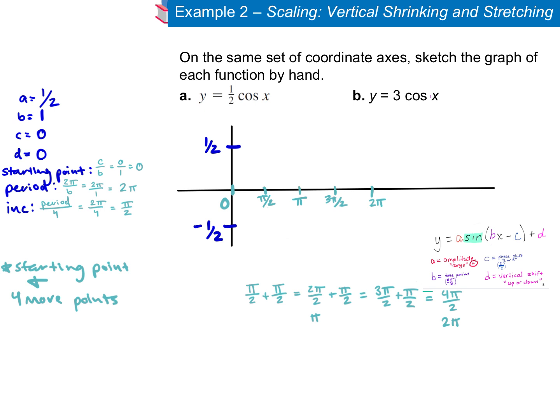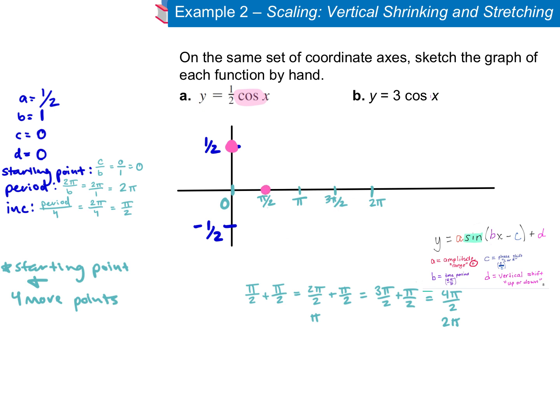Once we have our increment and our amplitude, we can graph it. So we have a cosine graph here. Where did we say that cosine is going to start? It starts at the amplitude. So it's going to start up at 1/2. And then at each tick mark, we're going to have a point. So my next point is going to go back to 0.